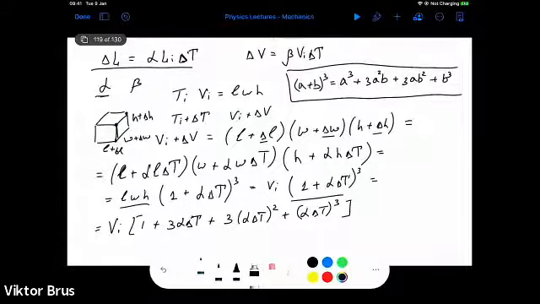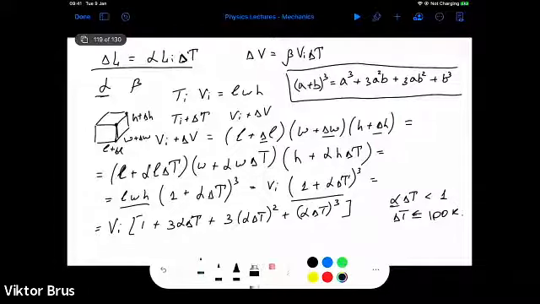Here we need to take into account that the product alpha times delta T is smaller than unity for our common range of temperature, for delta T smaller than or equal to about 100 Kelvin.